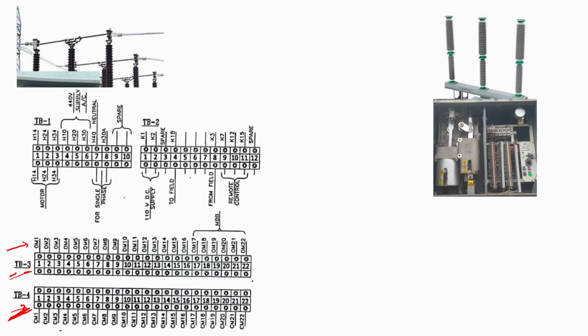When you open the isolator, you will get continuity on the OM part. When your isolator is closed, the OM contacts will remain open, but the CM contacts will remain closed. This is the basic diagram, and it is actually most important, because you have to connect your wirings on these contacts only.